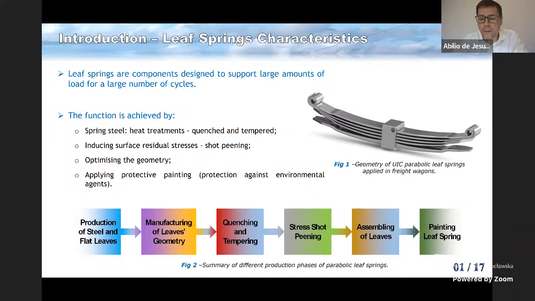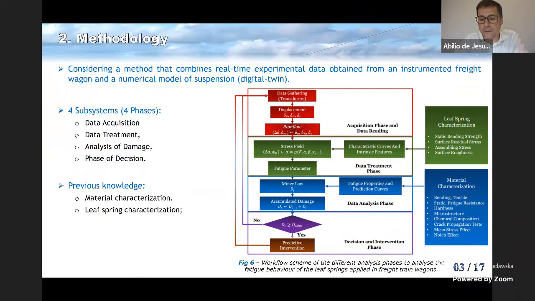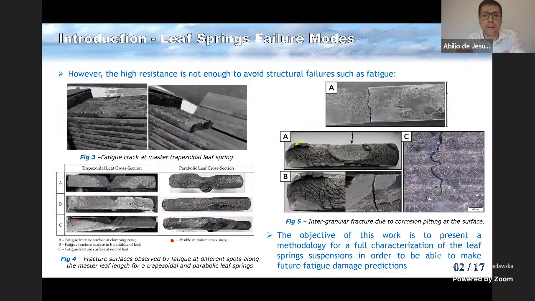So, but why are we studying this? Why are we studying these springs since they were developed a long time ago?